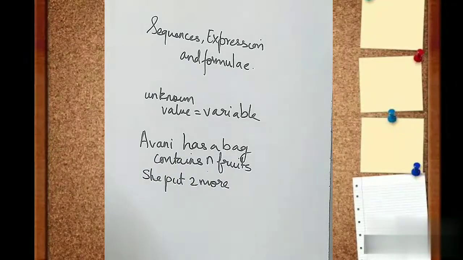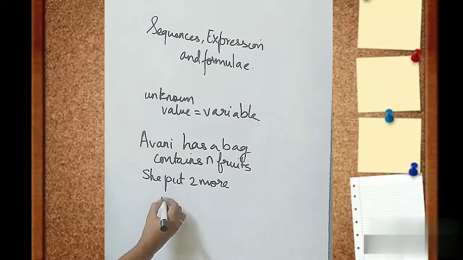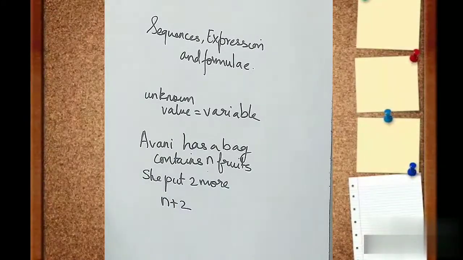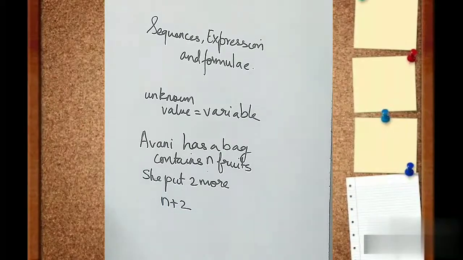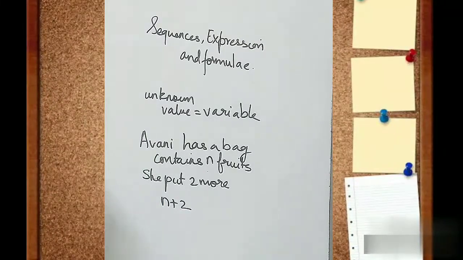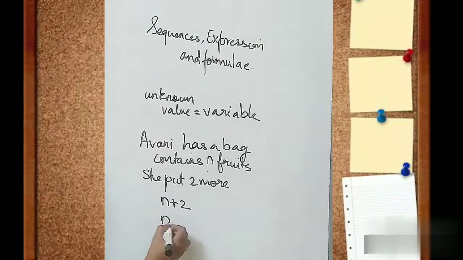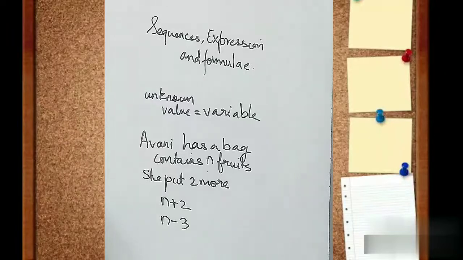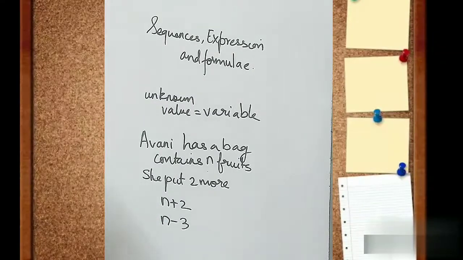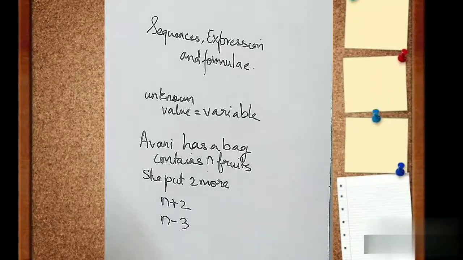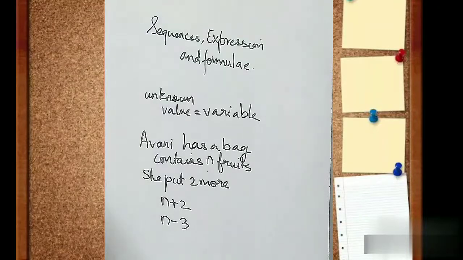We don't know what the value of n is. It is a variable. So I'll say that the expression will be n plus 2. n was initially present plus 2 more added. Now I'll say that she took 3 fruits from the bag. So how I'll say that? n minus 3. So this type of thing is called an expression, student. You have to simply state and write the formula or the expressions.